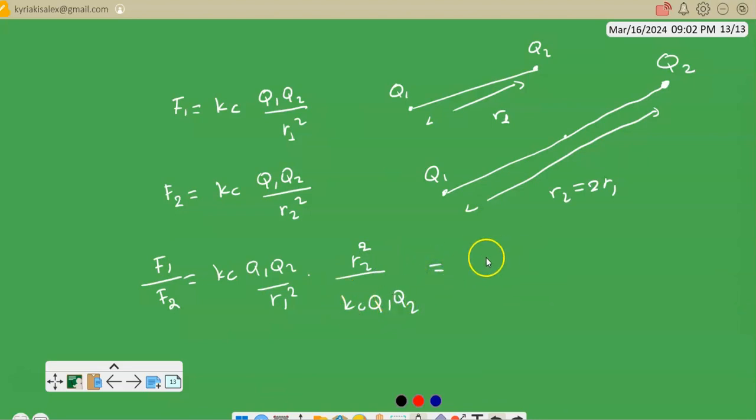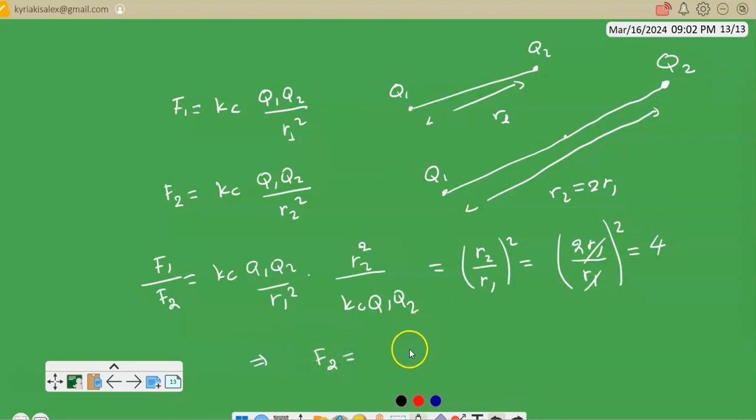From here I can simplify this fraction and I have R2 divided by R1, squared. R2 is twice the distance R1, divided by R1, squared. So this is 4. The force F2 equals a quarter of the force F1. So from here, F2 is less than F1.